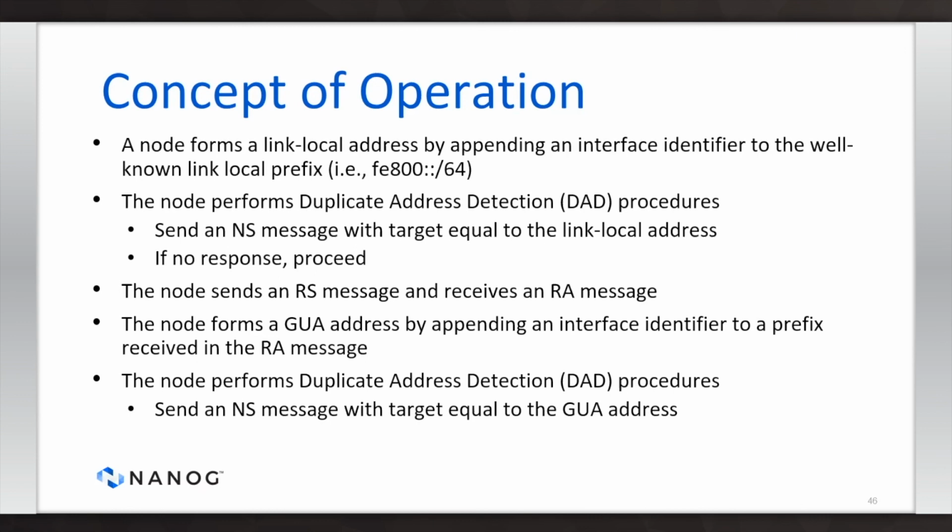Someone else picked the same address, and you need to go in manually and configure it with a link local. But the odds of that happening are very, very slim. The node forms a GUA by appending an interface identifier to the prefix that it received in the RA message. And then it does the exact same thing, to find out if there's another node on link that is also using that address. If not, it's good to go when it has an address.